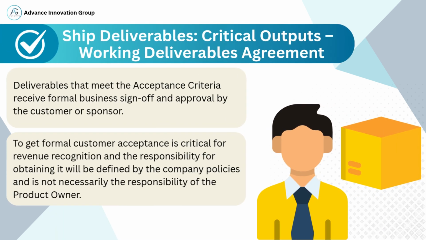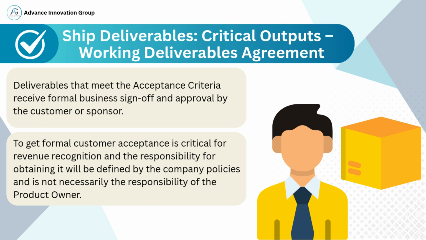This slide explains a critical output of the ship deliverables step: the Working Deliverables Agreement. Once the deliverables from a sprint meet the defined acceptance criteria, they undergo a formal approval process. This process includes business sign-off and formal customer or sponsor approval.